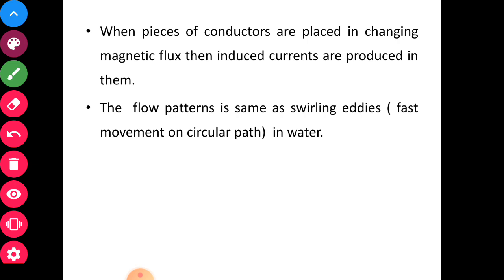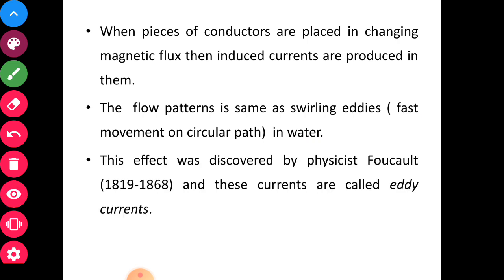The current will move on a circular path, as there are swirling eddies in water. This was discovered by Foucault, and these currents are called eddy currents.